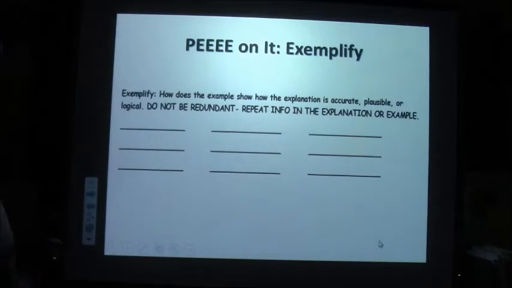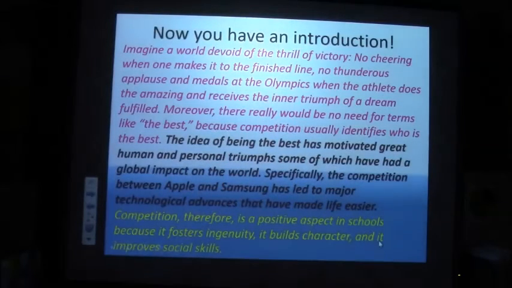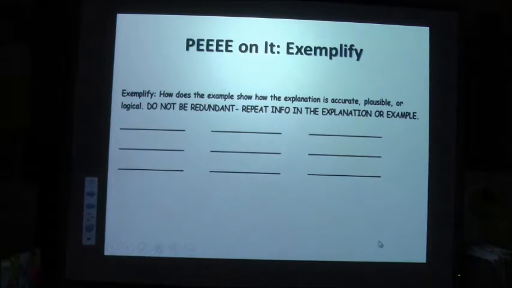My explanation was based off of what I said in my introduction about ingenuity, okay? So then I had to explain what ingenuity meant to me. And then I had to provide an example, an illustration, a story to support what I said in my explanation. Now you have to exemplify. How does the example show how the explanation is accurate, plausible, or logical?